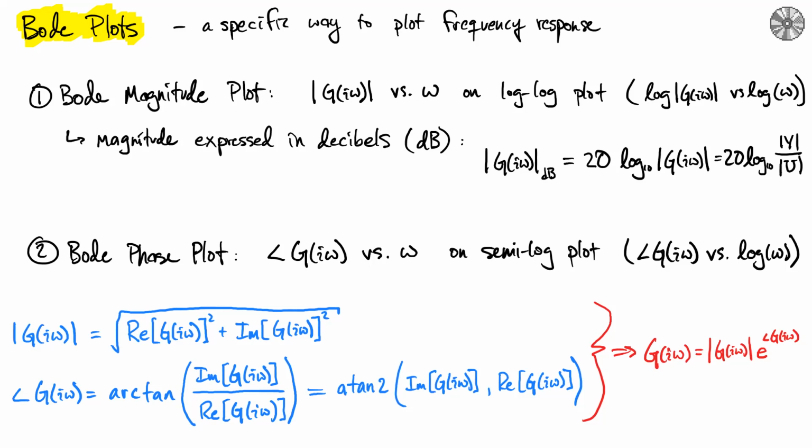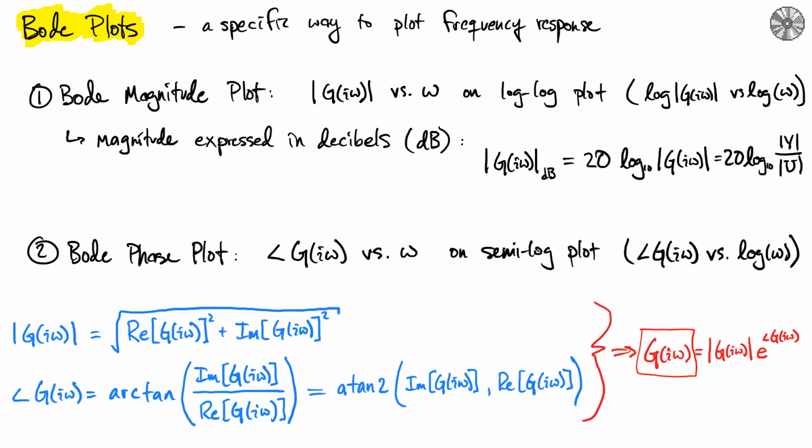And so the Bode plot, which is the topic of this video, is a specific way of plotting these magnitudes and phases over different frequency ranges. And so again, the transfer function G provides the response of the system.